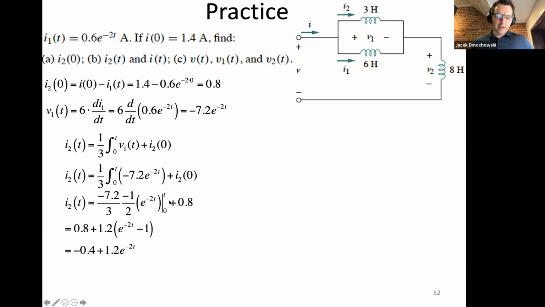You do all this arithmetic and you get negative 0.4 plus 1.2 times e to the minus 2t. So this current starts out at a value of 0.8 and ends up at a value of negative 0.4. It starts positive and goes to negative.